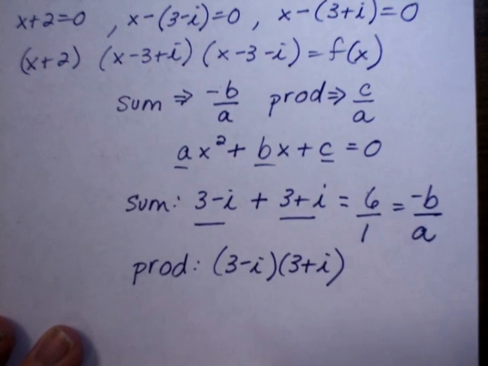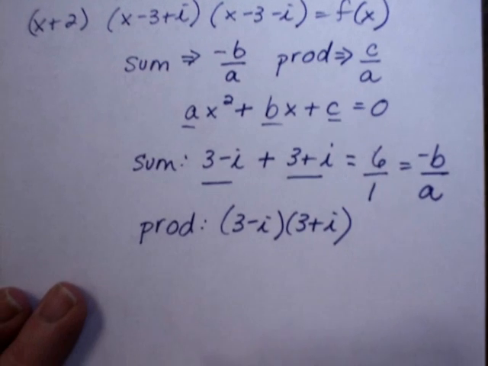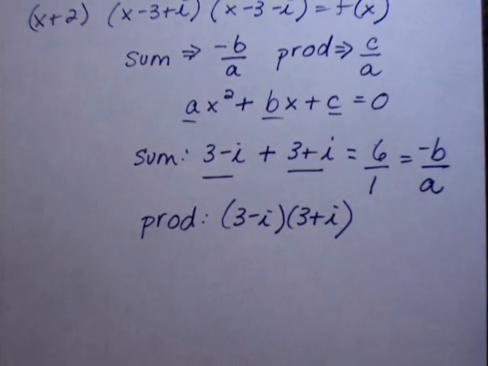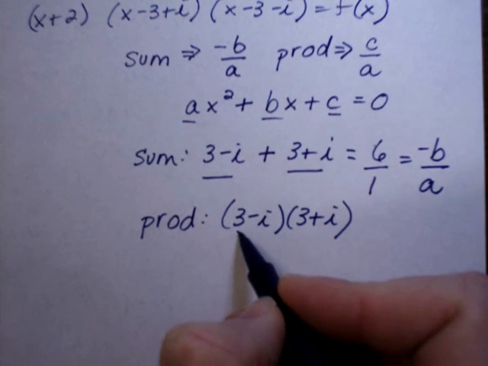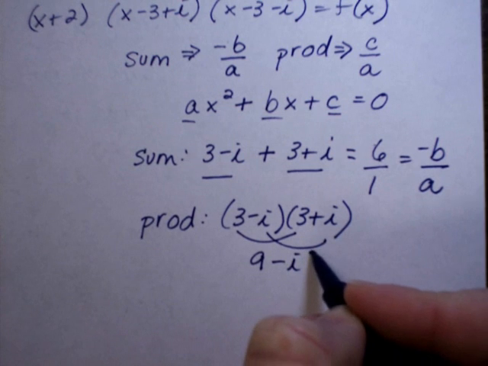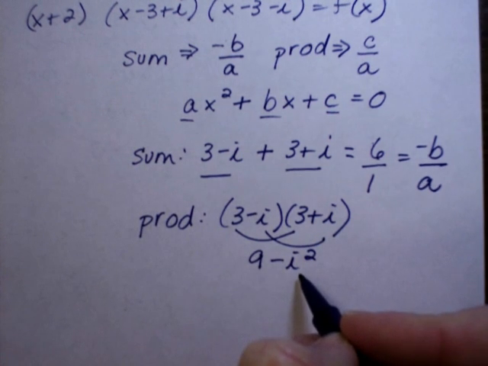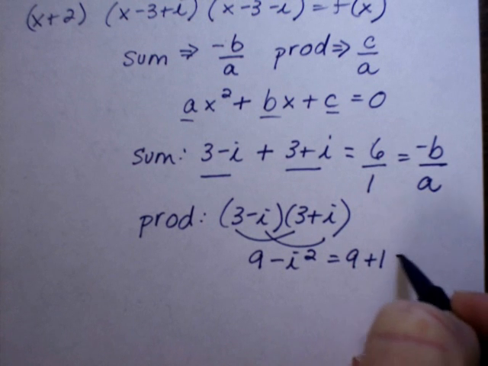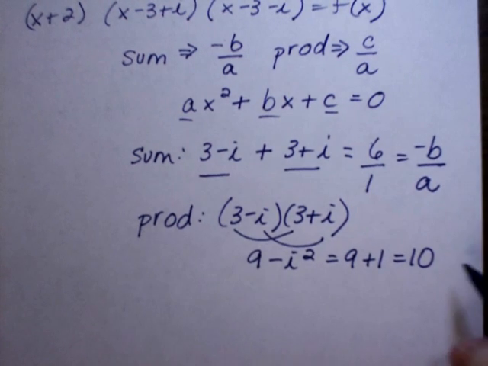These are conjugates. The beauty of conjugates, again, is that we can kind of cheat that FOIL process. I know the outside and the inside terms are going to cancel out. So all I really need to multiply are the first two terms and the last two terms. i squared is really a negative 1, so this becomes 9 plus 1, which equals 10. And that is in the ratio of c over a.